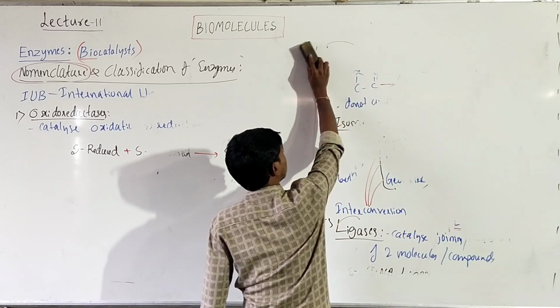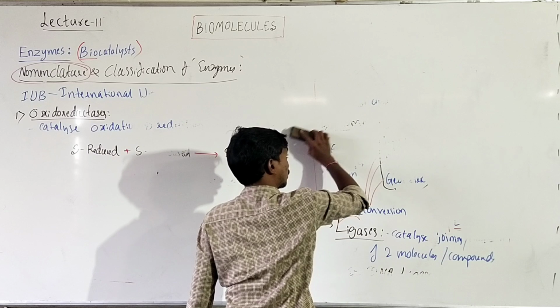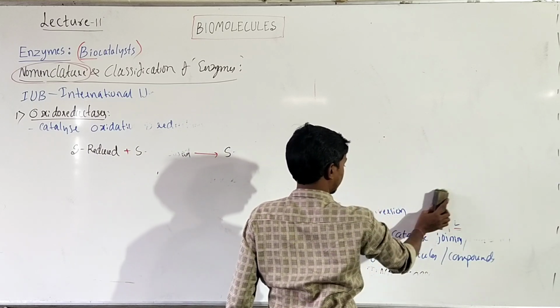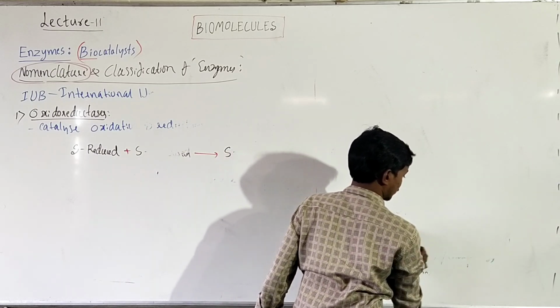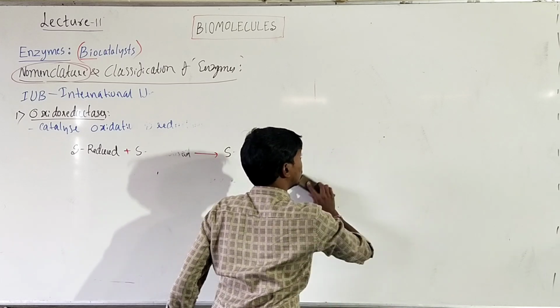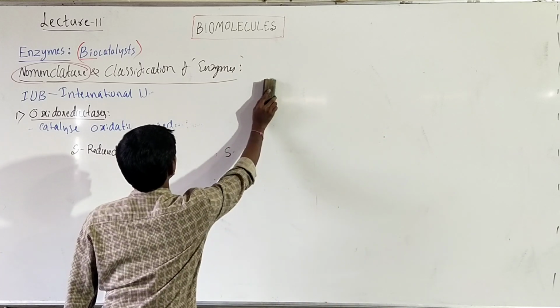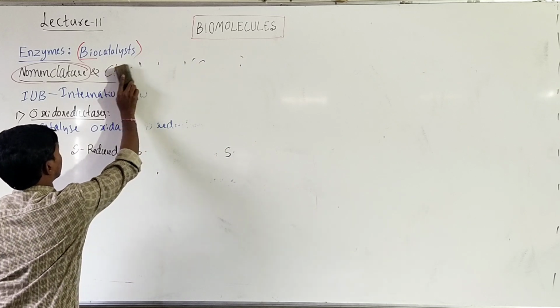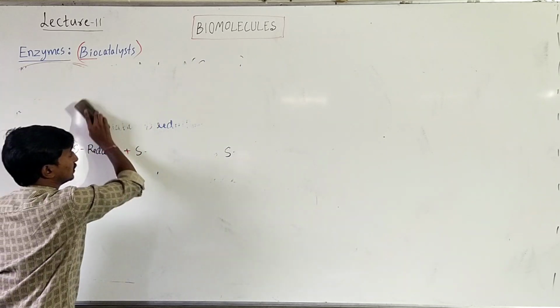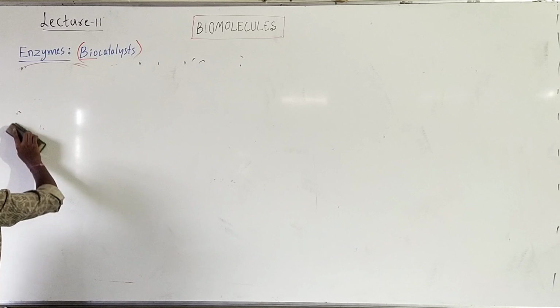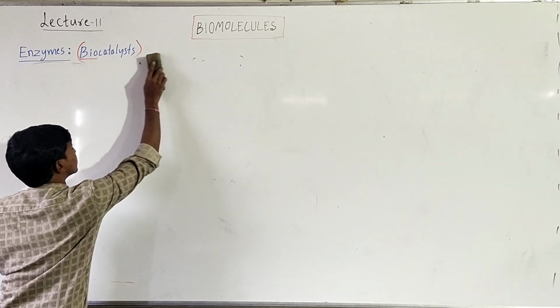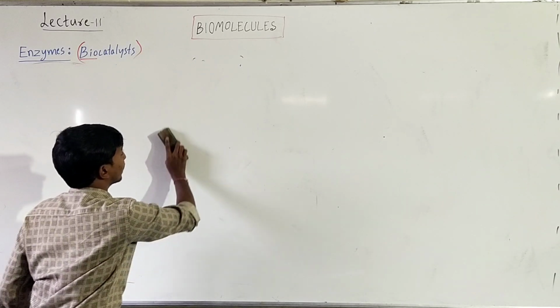What chemical changes are going to be made in the enzyme, in the substrate, or in both, to make the process more active? I will tell you briefly in today's class and discuss in detail in the next class.